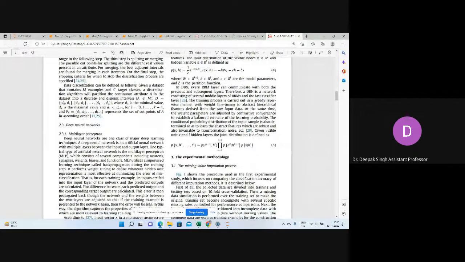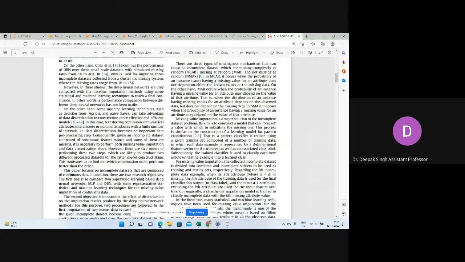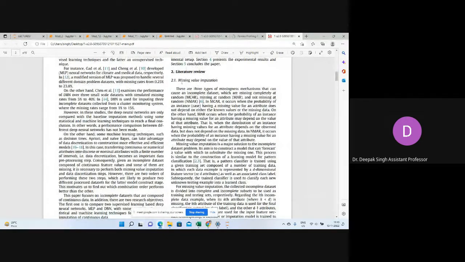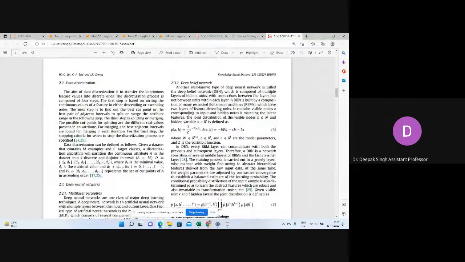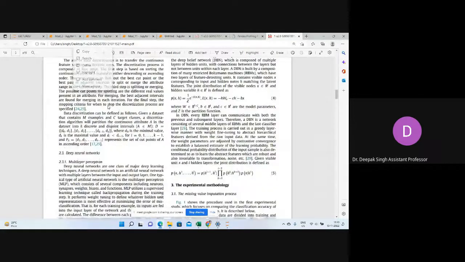So while going through the various sections of this paper, I found that in the first section, the literature review, they have reviewed missing value imputation methods, and the second section is dedicated to data discretization.